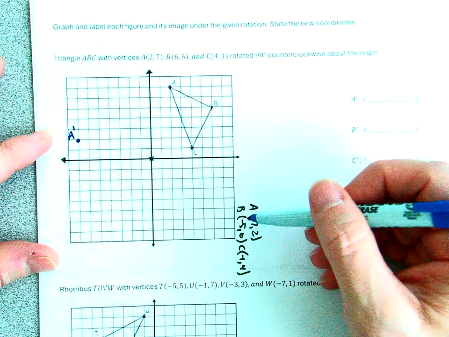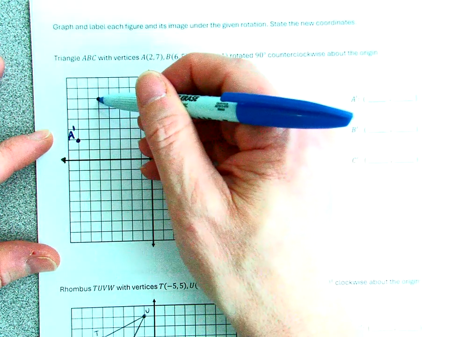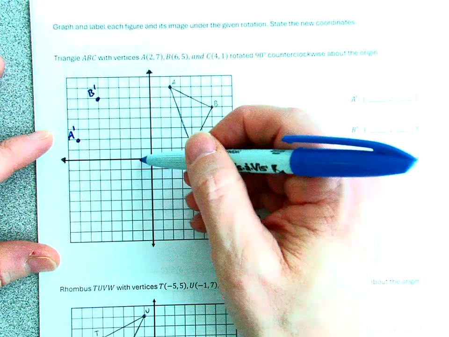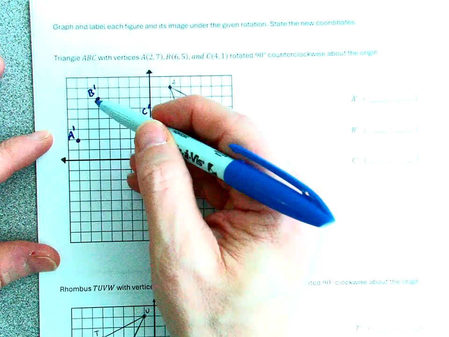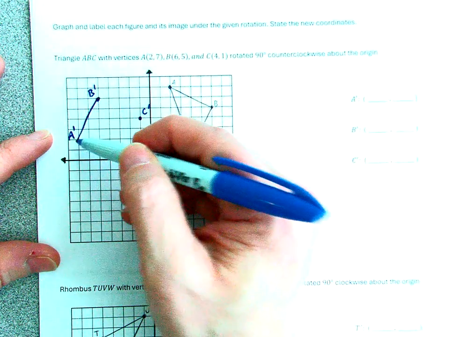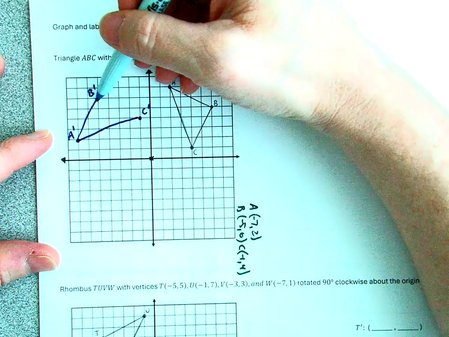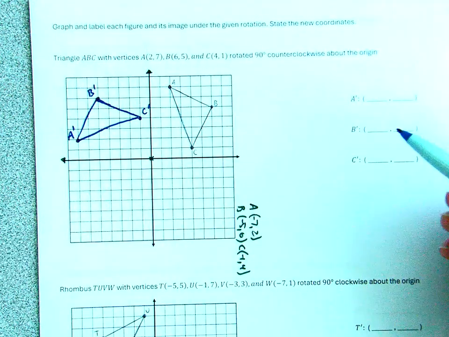So that's going to be A prime. B is at -5, 6. That's my B prime. And C was at -1, 4. -1, 4 is C prime. I'll just connect the dots here, as straight as I can get them. Oh, that wasn't very good. There we go.